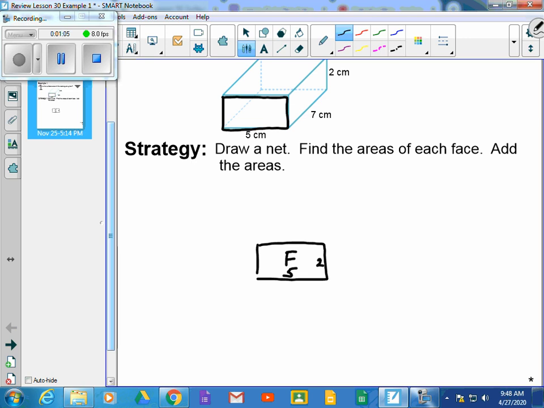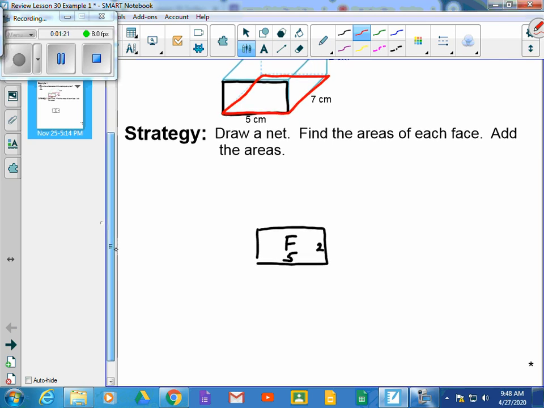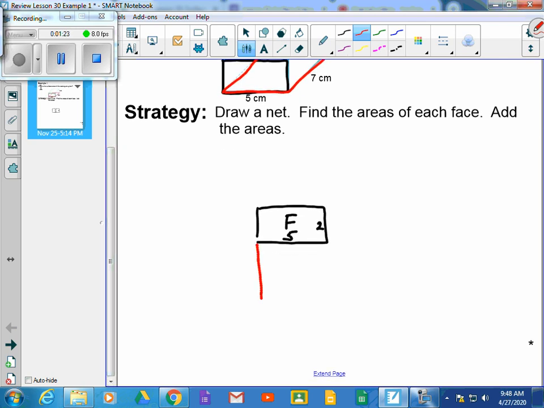The front is the same as the back, however, the front doesn't touch the back. In between the back and the front is going to be the top and the bottom. So here's the bottom. I'll draw that rectangle. That's the bottom, and I'm going to put its dimensions on there, which is 5 by 7.